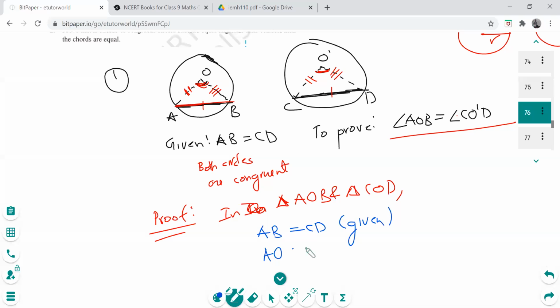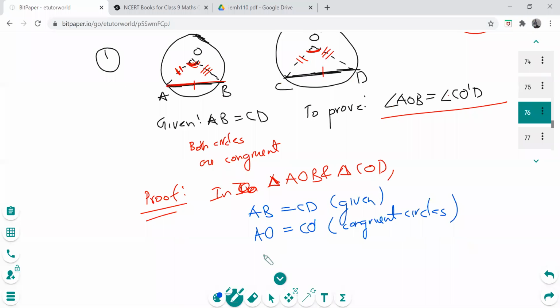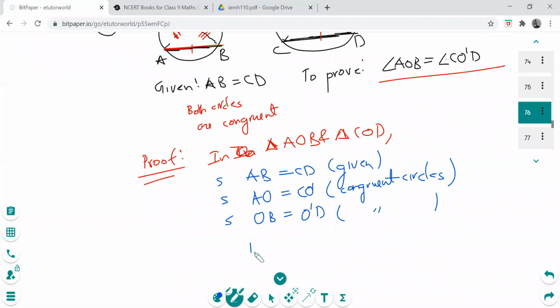Why? Because congruent circles have the same radius. And then OB is equal to O dash D. Again, same circles. So by SSS, you can see that those two triangles are congruent.